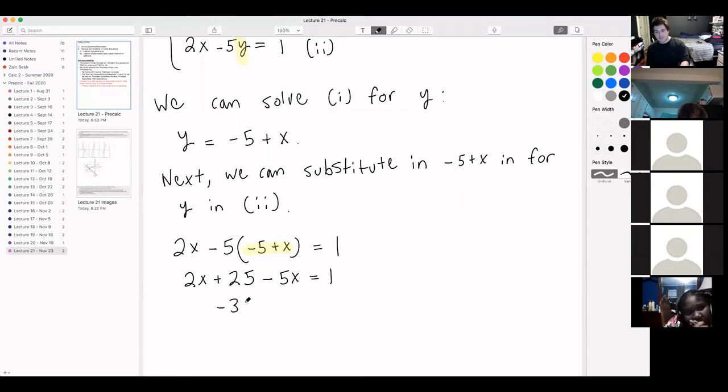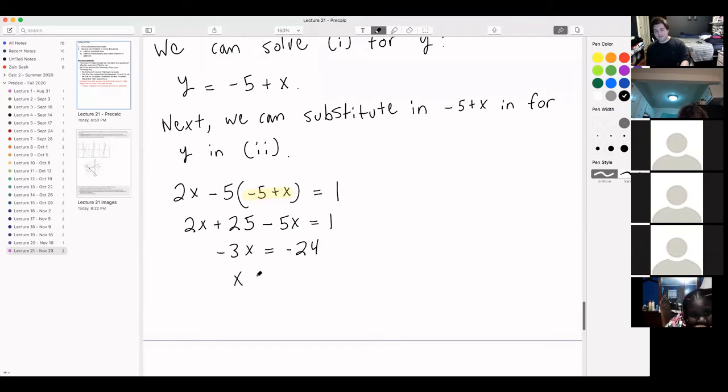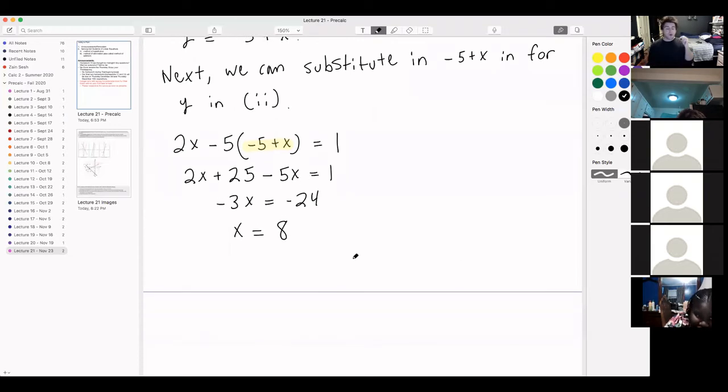You will get negative 3x is equal to negative 24. Divide both sides by negative 3, you will get that x is equal to positive 8. Good. So we have found our x-coordinate solution.